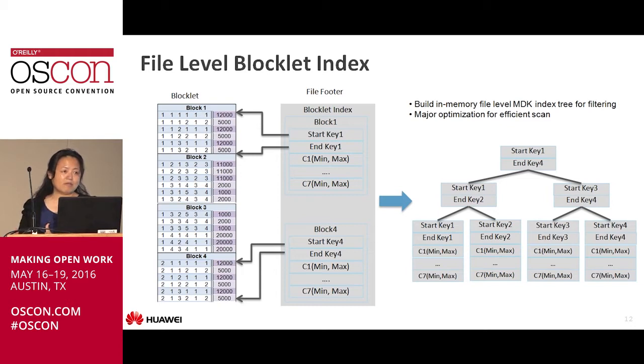At runtime, we will leverage this file-level blocklet index to build an in-memory MDK tree structure. This tree structure will be utilized to filter blocklets. So we can do a much better job than other column formats only leveraging min-max. We can narrow down the blocklets we need to scan, and this is a major optimization for efficient scan.